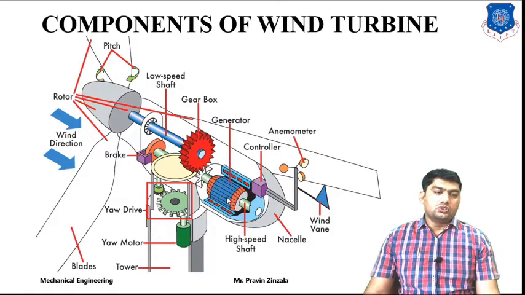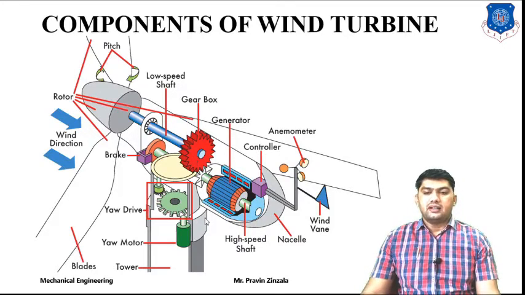Other components are also utilized for controlling and proper output of wind energy, such as the yaw control mechanism. It is used to rotate the whole nacelle in the proper direction, because wind energy fluctuates continuously.